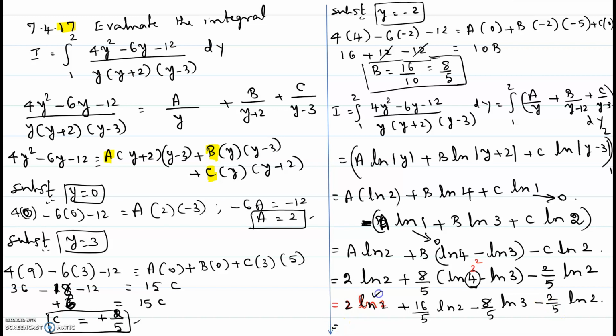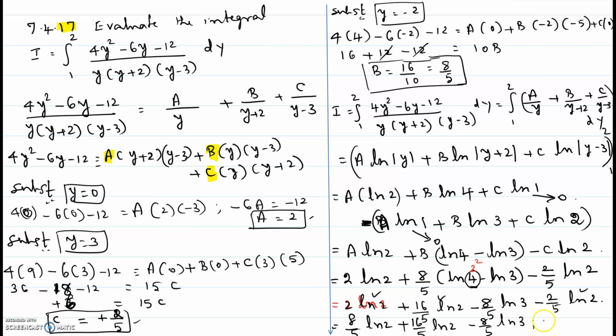So the first one and the last one, when you combine, it will be 10 minus 2, 8 over 5 ln 2, plus 16 over 5 ln 2. That will be 8 over 5 ln 2 plus 16 over 5 ln 2 minus 8 over 5 ln 3.